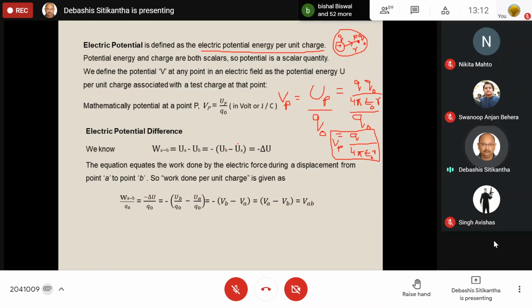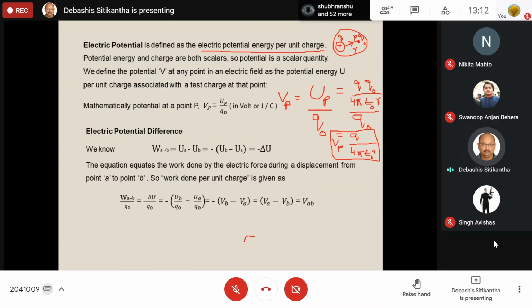So this UB minus UA is nothing but delta U, and since it is a minus sign, the minus sign is still over here. I told you that this entire equation is the equation for the work done.